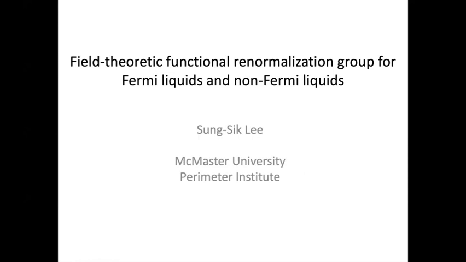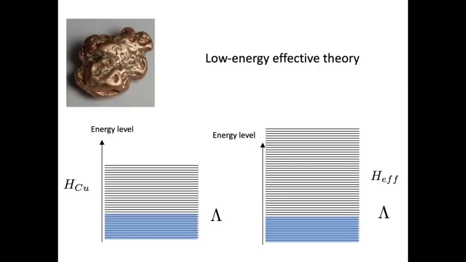So today, I'm going to tell you about a framework for studying low energy effective theories for metals, including Fermi liquids and non-Fermi liquids. So in condensed matter physics, we of course know the UV physics very well, but usually the physics in the intermediate energy scale is notoriously complicated and hard.